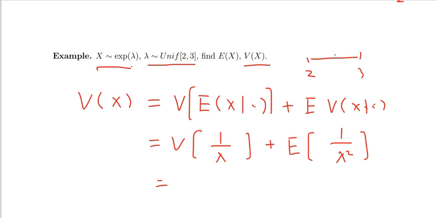So we want to find the variance of 1 over lambda, and the expectation of 1 over lambda squared. So we can find them, right? Okay, so we can stop here.